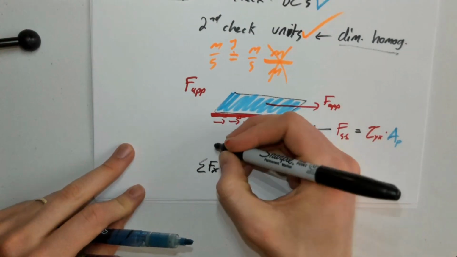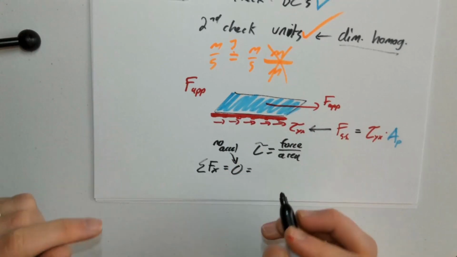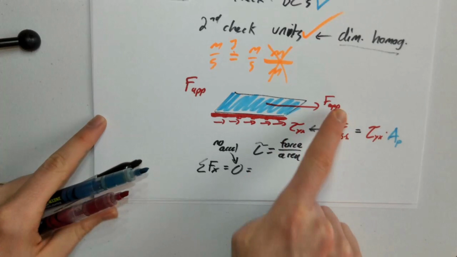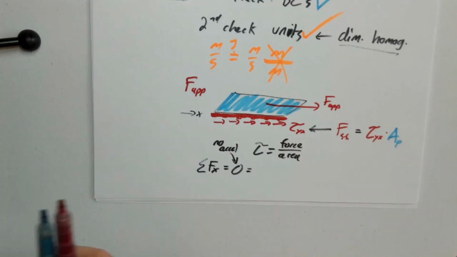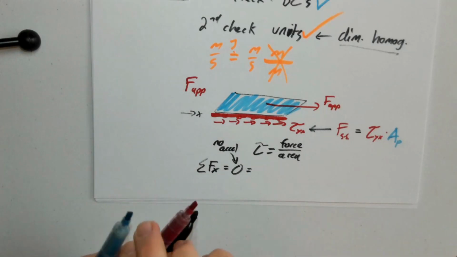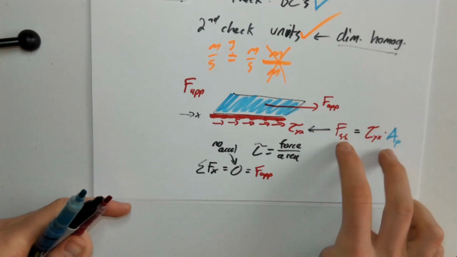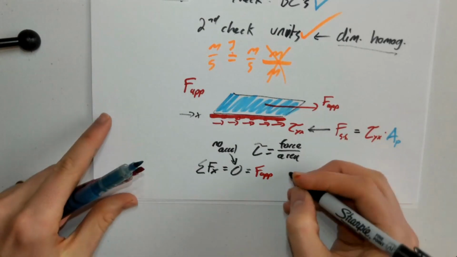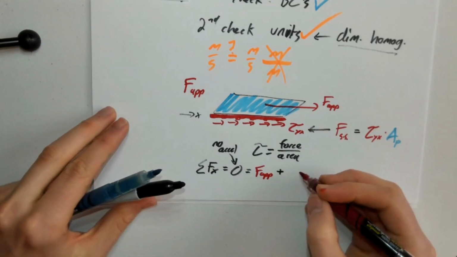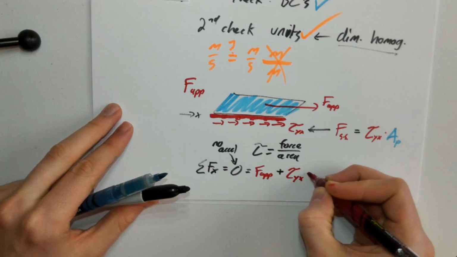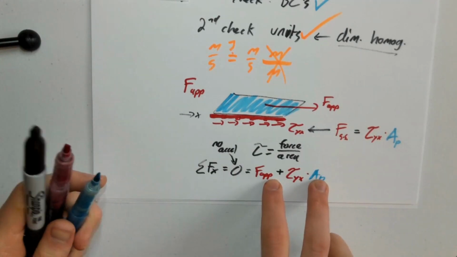So we have our applied force in the positive x direction, and we also have this force due to shear stress acting in the x direction too, right? And I'll just sub that right in as tau yx times area of the plate. So, hey, wait a second.